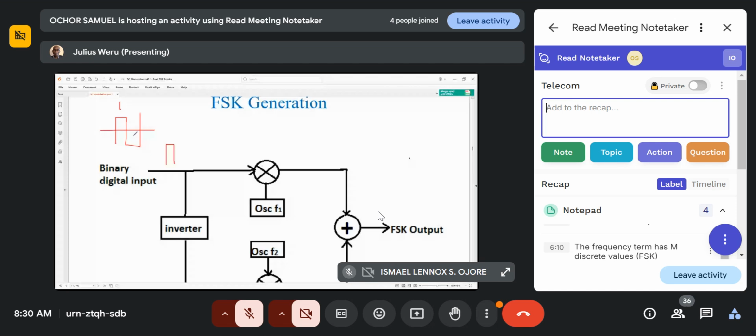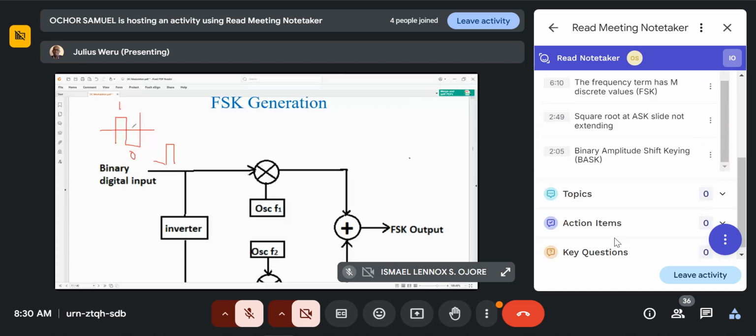That is NRZ. So you have this. When you get this, it's going to switch on this. But here it is going to be inverted, and this is not going to switch. It only switches on positive.